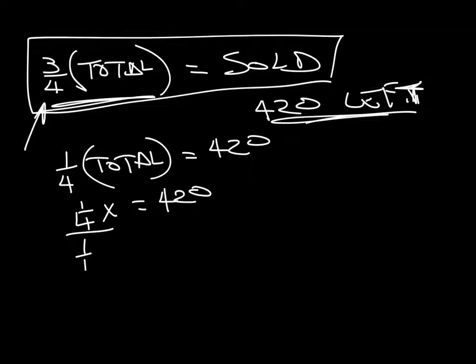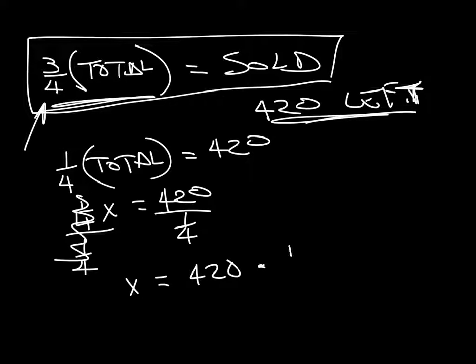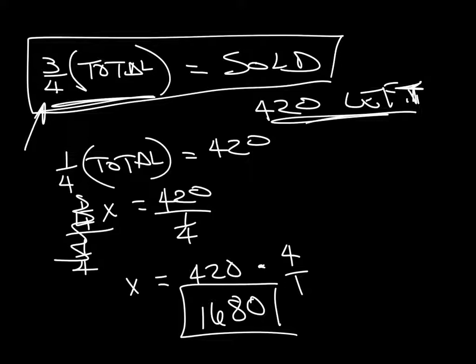Divide by 1/4. Divide by 1/4. Those cancel. So we have x equals 420. Remember, invert and multiply when you divide fractions. And we have 1680 tickets that we had as a total amount.